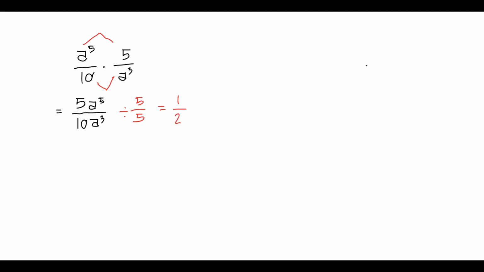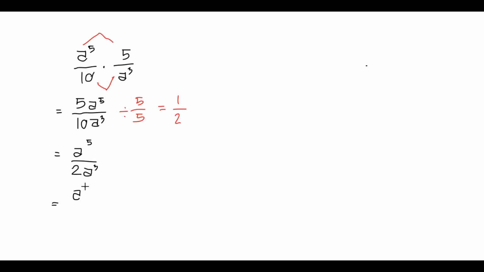Right now, we can rewrite the expression. Our numerator becomes 1, so we just copy a to the power of 5, and for the denominator, the 10 becomes 2a cube. Since we already reduced the constant numbers, our next step is to subtract the exponents since we have a common variable. 5 minus 3 gives us 2.